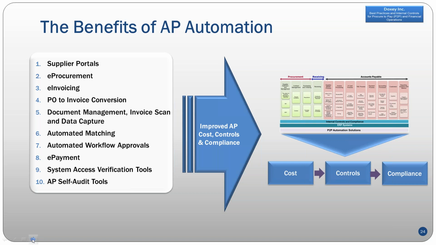If we think about the benefits and the types of automation, some we've mentioned already: supplier portals, where suppliers log in to a tool to see the status of an invoice, e-procurement, e-invoicing, and one I think is a wonderful example of automation, PO to invoice conversion, where the supplier creates the invoice online using the PO, heading towards a touchless process.